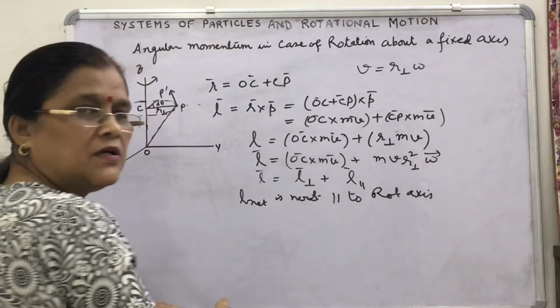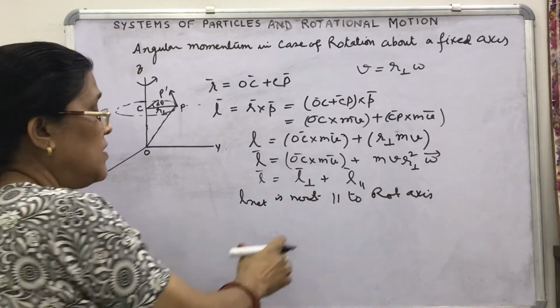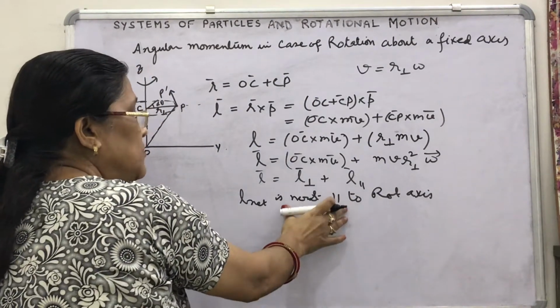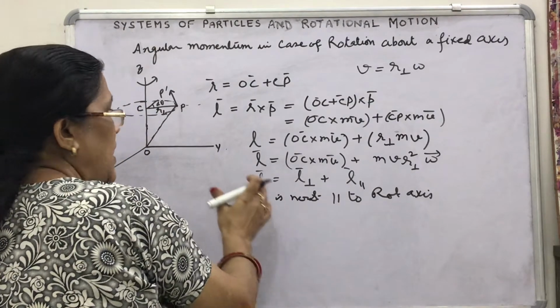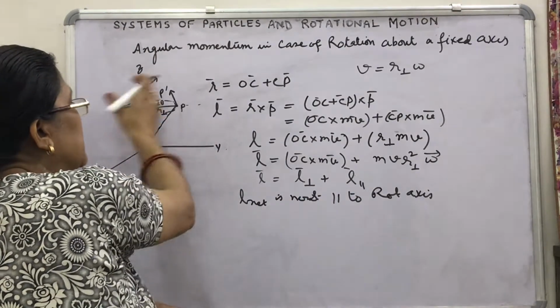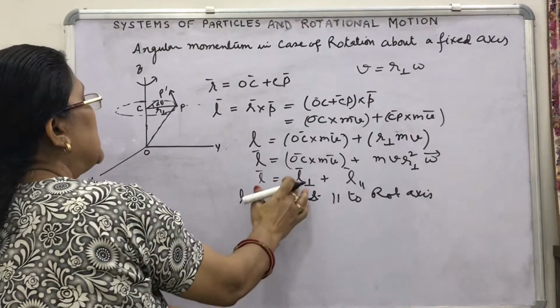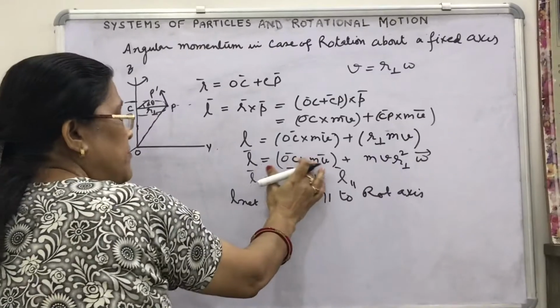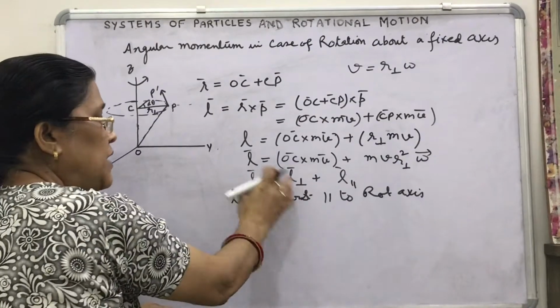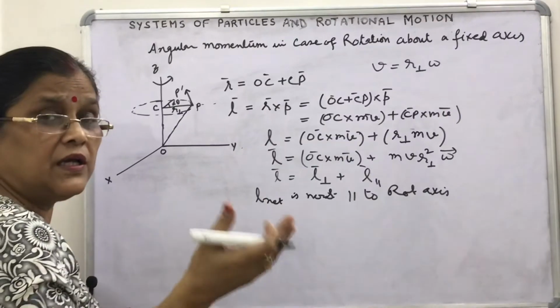Is it or not? Then for the objects having all the particles rotating like this, what can you say? That this OC cross MV, or this L perpendicular, what will be its value?